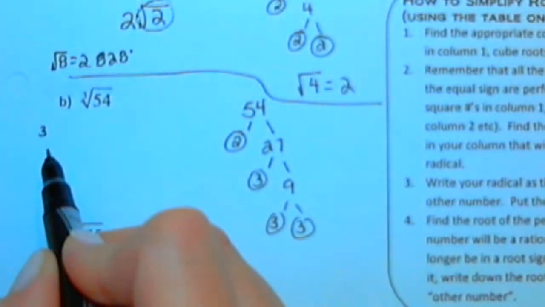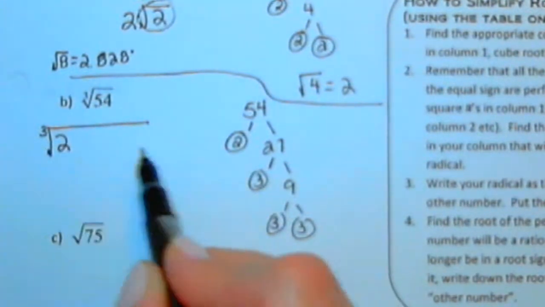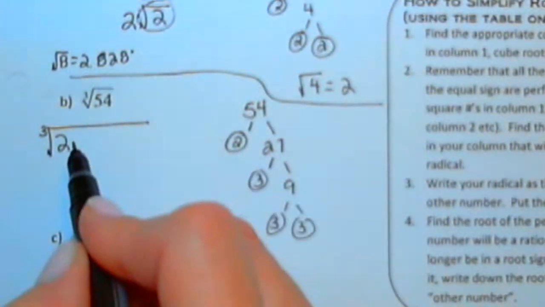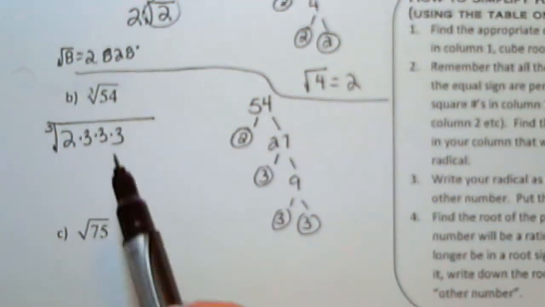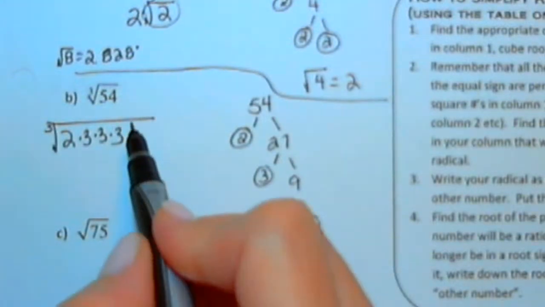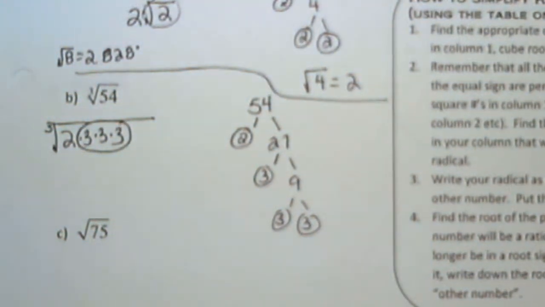Now, with the cube root of 54, it's going to be 2 times 3 times 3 times 3. Now, how does that work? Well, just take a look for a second. 3 times 3 times 3 is 27.